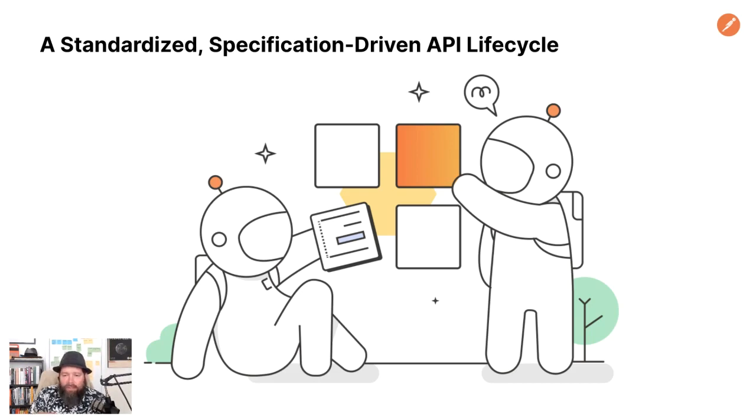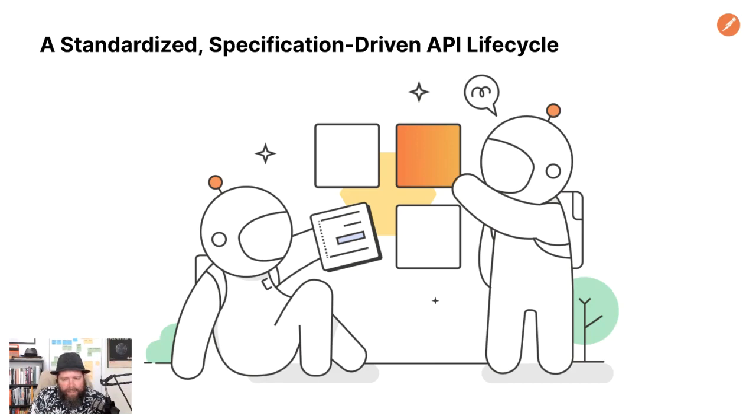So the API producer has a much smoother, high velocity, efficient, agile, and nimble way of delivering APIs, being able to respond to changes and get their APIs out there. But the consumers of those APIs have access to those same contracts.